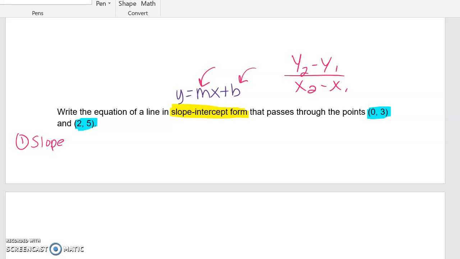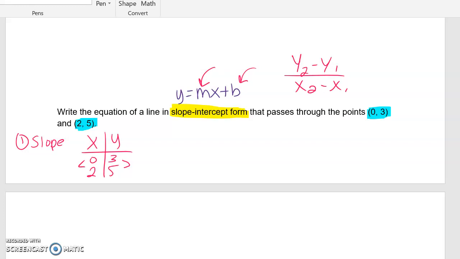I like to use the xy table, so to find the slope, I'm going to make a little xy table. I have the point 0, 3, and I have the point 2, 5. And I'm just going to find my change in y and my change in x.